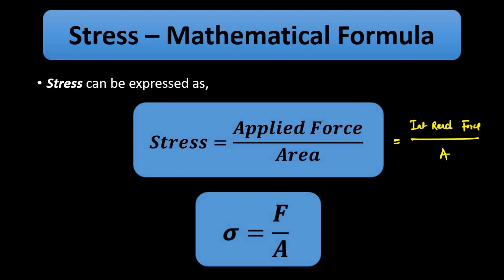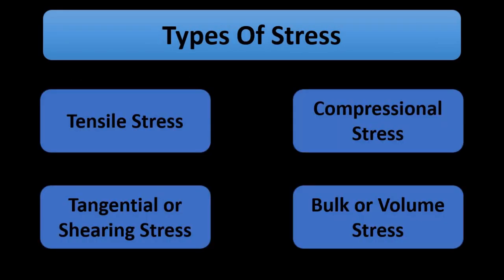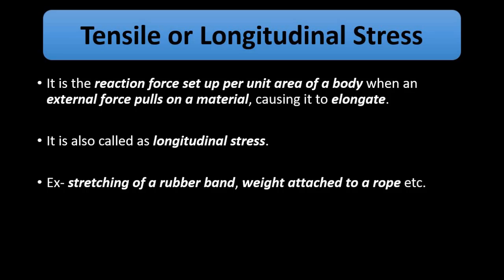There are different types of stress: tensile, compressional, tangential or shearing stress, bulk or volume stress. Here we are mainly focused on tensile stress in terms of length, because Poisson's ratio is associated with that. So tensile or longitudinal stress is that in which the reaction force set up per unit area of the body arises when the external force tries to elongate or increase the length of the material.